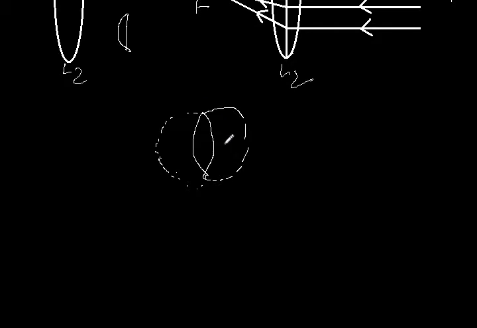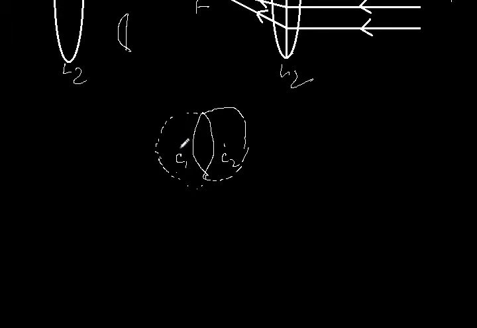Now this sphere has a center and this sphere has also a center. Say this center is C1 and this center is C2. So these centers are called the centers of curvature. The centers of the spherical surfaces are called centers of curvature of a lens.